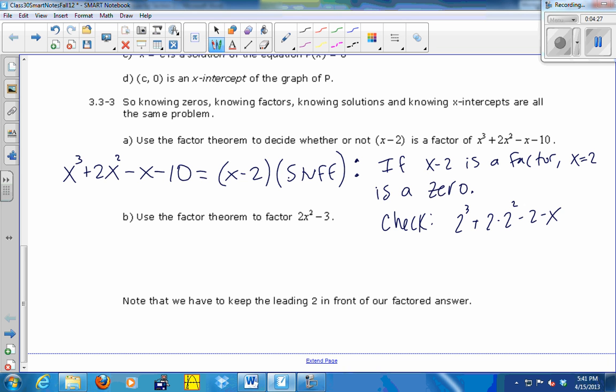So that's 8 plus 8, which is 16, minus 2 is 14, minus 10 is 4, which is not 0. Okay, so when I plug 2 in, I do not get 0. So 2 is not a solution to where the polynomial equals 0, which means that x minus 2 is not a factor.